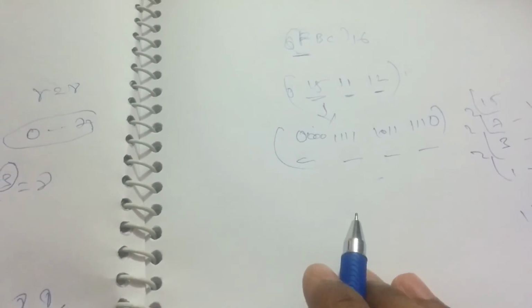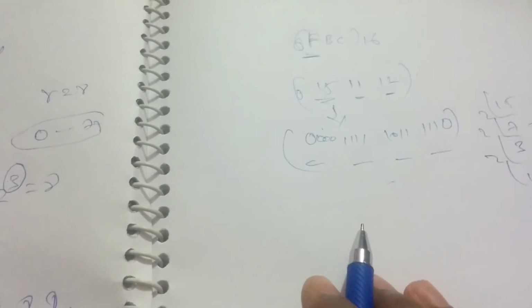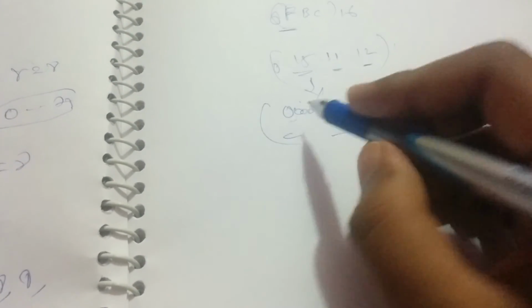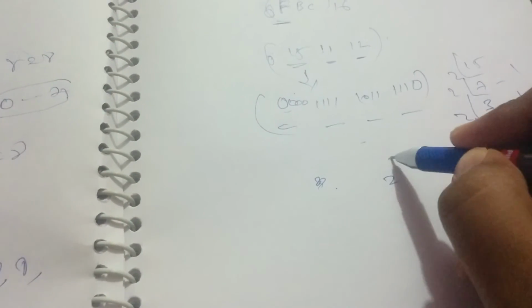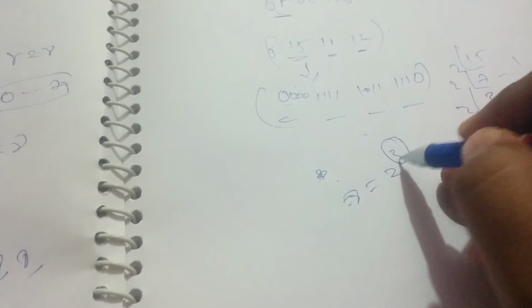And you may ask the doubt, how can I convert hexadecimal to octal? Again, you know, right? Octal is base 8, which is equal to 2 power 3.